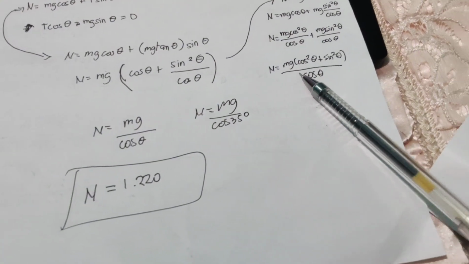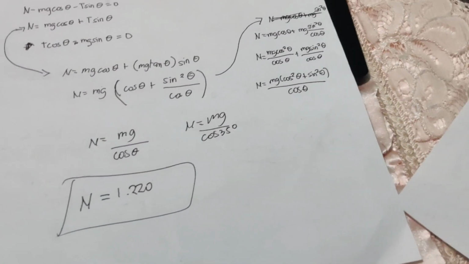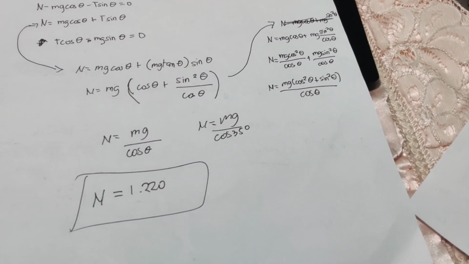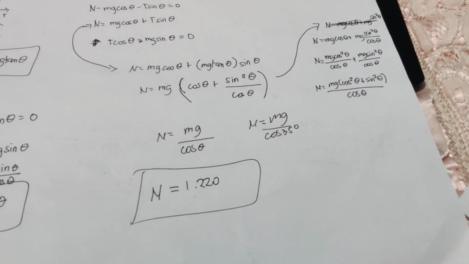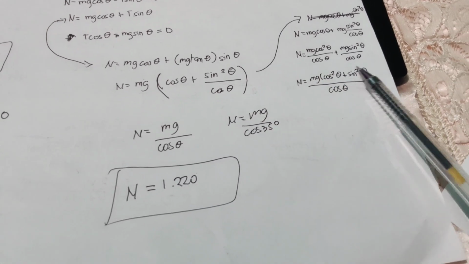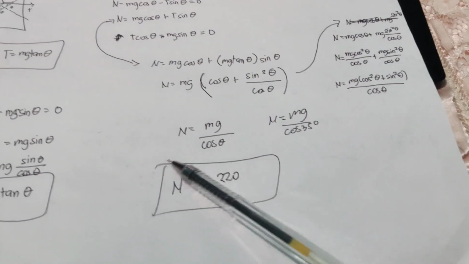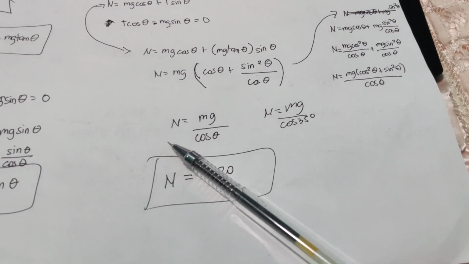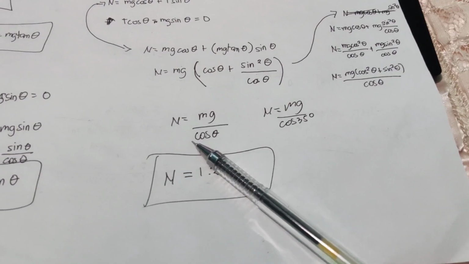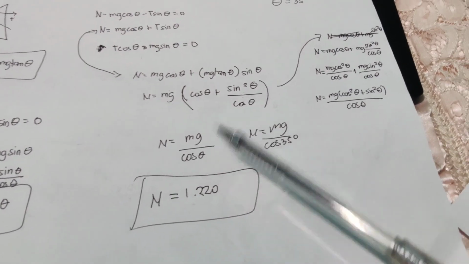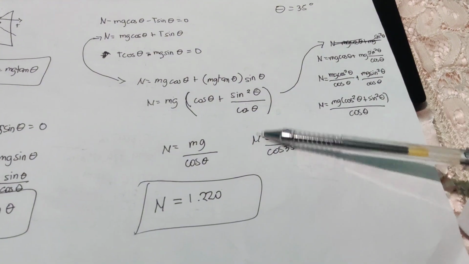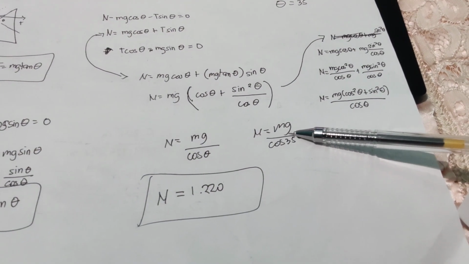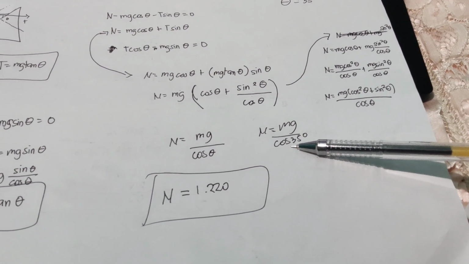And we all know that cos squared theta plus sine squared theta is equivalent to 1 according to the Pythagorean identity. So mg times 1 will now become mg. So N is equal to weight over cos theta. And since our theta is 35 degrees, N is equal to weight over cos 35 degrees.